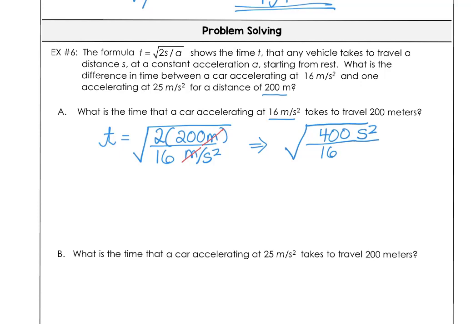So here we have time is the square root of 400 divided by 16. So that turns out to be 25 s squared. And that's a perfect square.